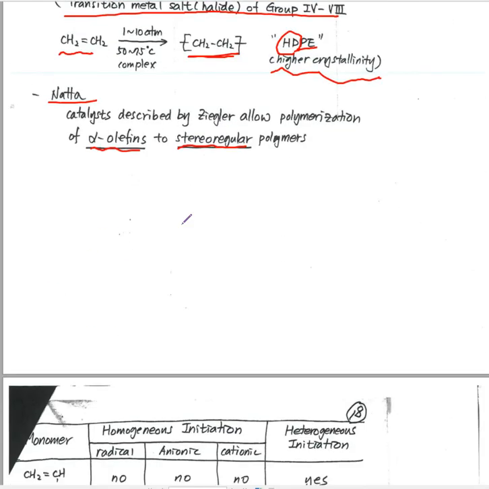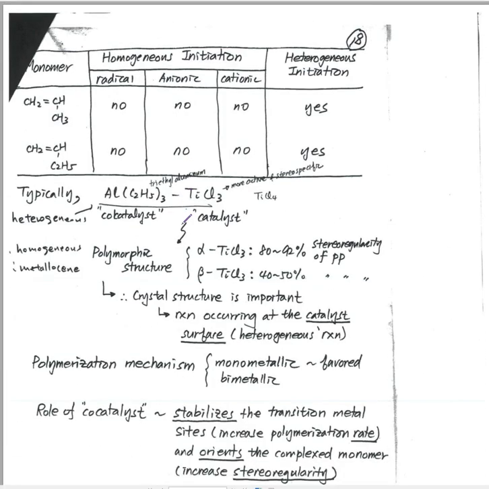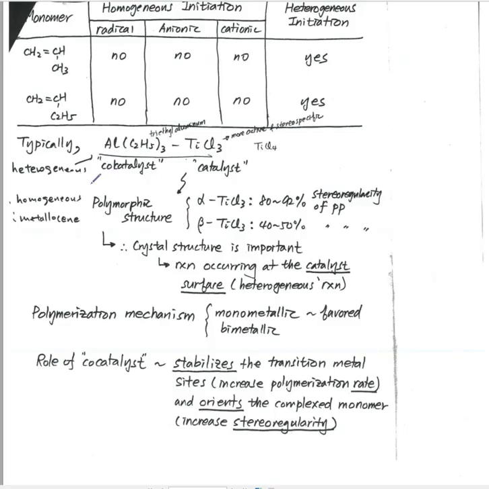So let's just see briefly the general features of this Ziegler-Natta or coordination catalyst. Generally, as a heterogeneous catalyst, Ziegler-Natta catalyst means these two components.